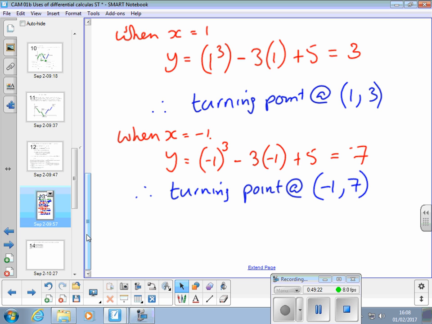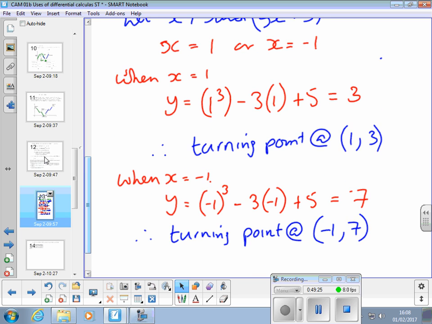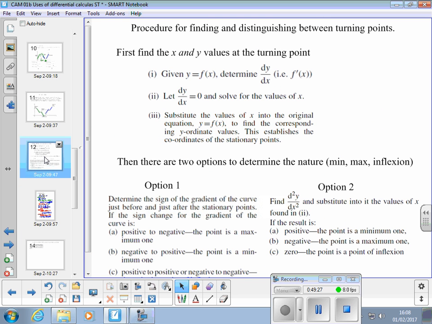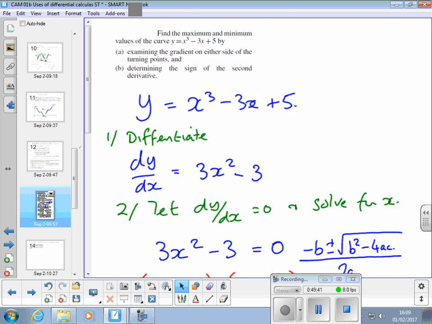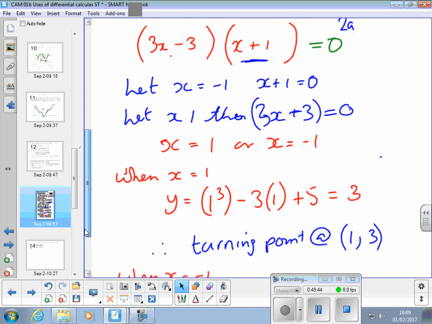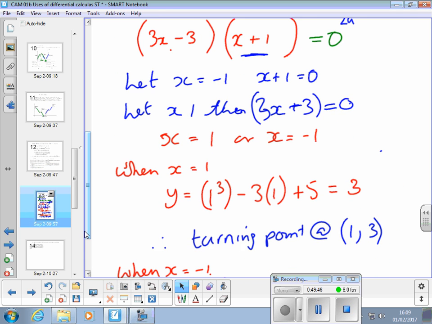Second option is to find the second differential, to find the nature of the point at x equal to 1 and x equal to minus 1, evaluate the second differential.